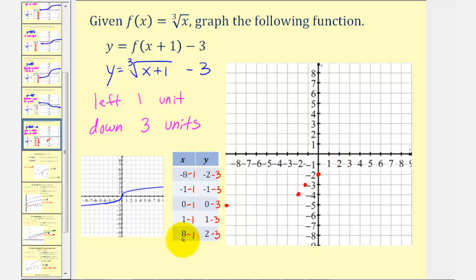And then we have 7, comma, negative 1. Here's a graph of our function. Comparing this to the basic cube root function, notice how it has been shifted left 1 unit and down 3 units.